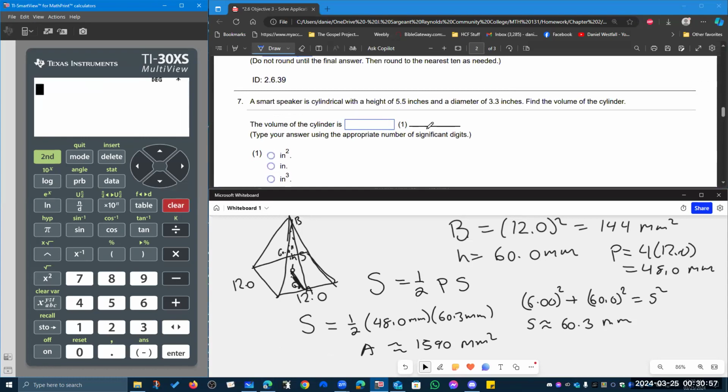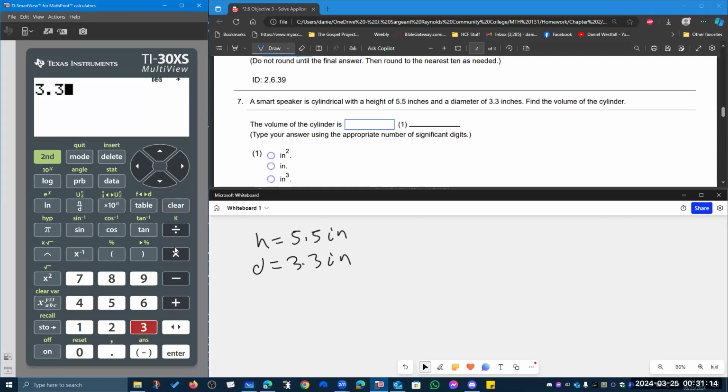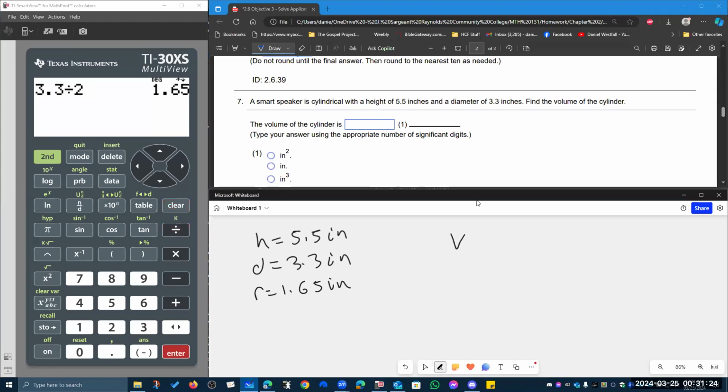And one more problem here. A smart speaker is a cylinder with a height of 5.5 inches and a diameter of 3.3 inches. 3.3 divided by 2 means R is 1.65 inches. Find the volume and use the appropriate number of significant digits.